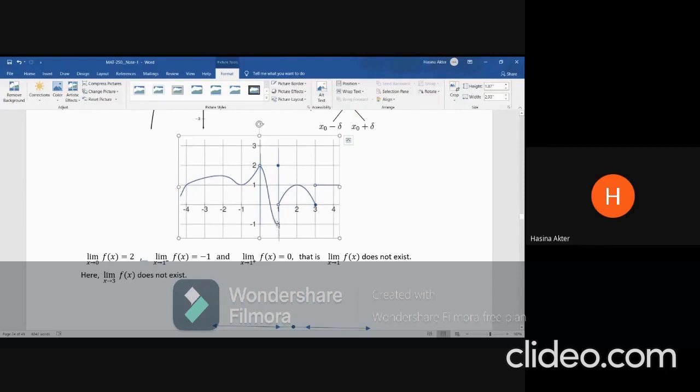For the left limit, if you get close to x values which are smaller than but close to 1, then the y values are on this portion of the graph. So if you get closer to 1, then the y values get closer to -1. So the limit from the left is -1, and the limit from the right is 0.